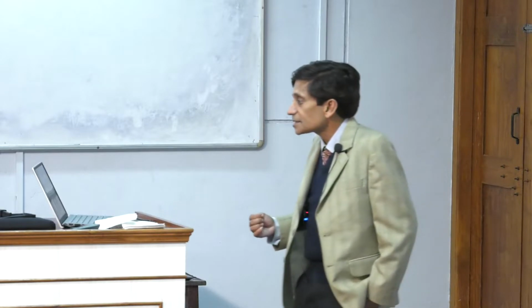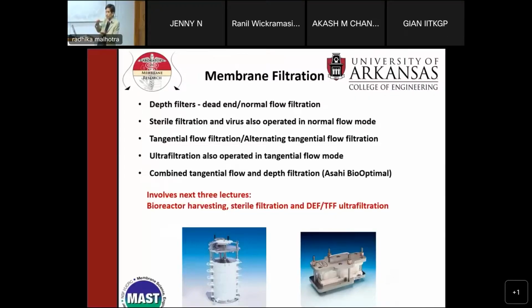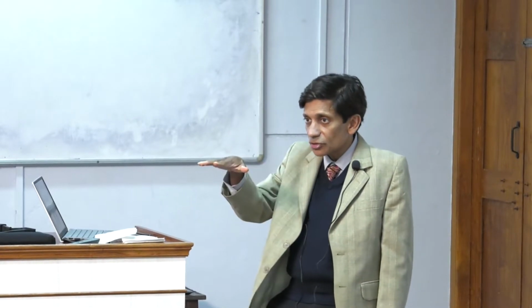Depth filters are going to be dead end normal flow filtration devices. Dead end normal flow means the same thing: you're flowing perpendicular to the membrane surface. Sterile filtration and virus filtration are also run in normal flow mode. So when you think about those processes I showed you, there are many that are not tangential flow but are normal flow.